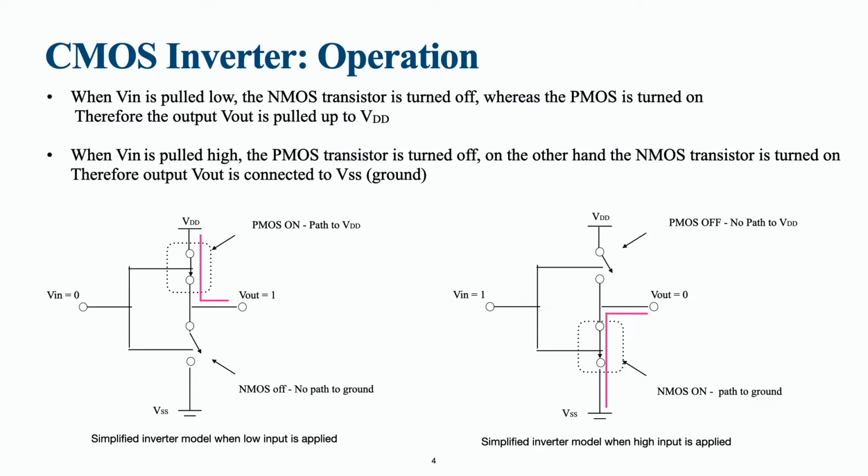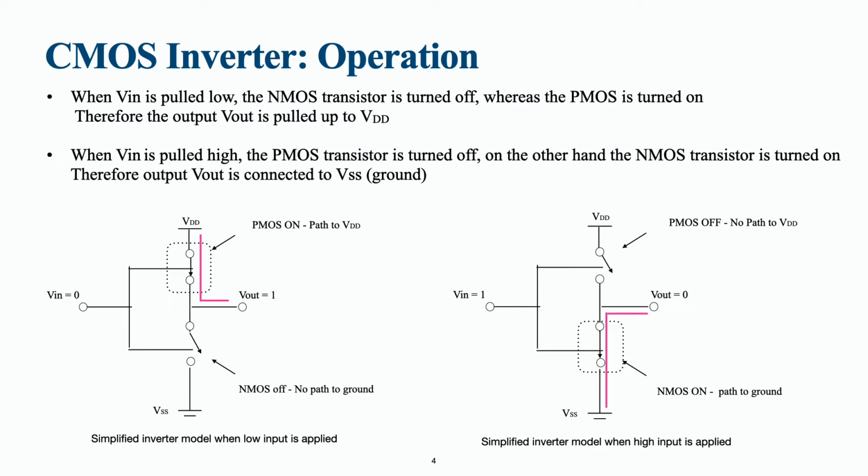When your input is 0, we very well know that the PMOS transistor is on, the NMOS transistor goes off. The transistors are replaced with a switch for our assumption. So now when the PMOS transistor is on, there is a path from VDD to output. It has been highlighted, VDD to output.